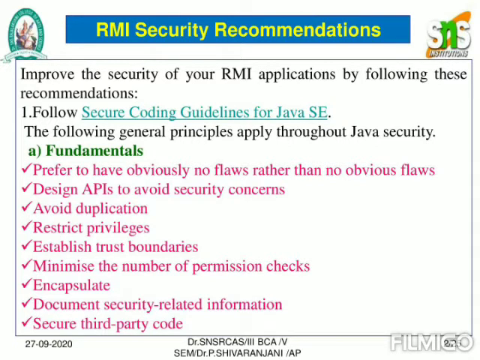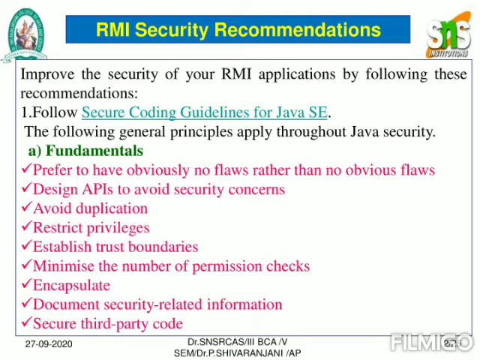So the first thing is you have to secure your coding guidance for Java SE. Here it has been categorized into several principles. The first one is fundamentals. In fundamentals, you have to prefer to have obviously no flaws rather than no obvious flaws.